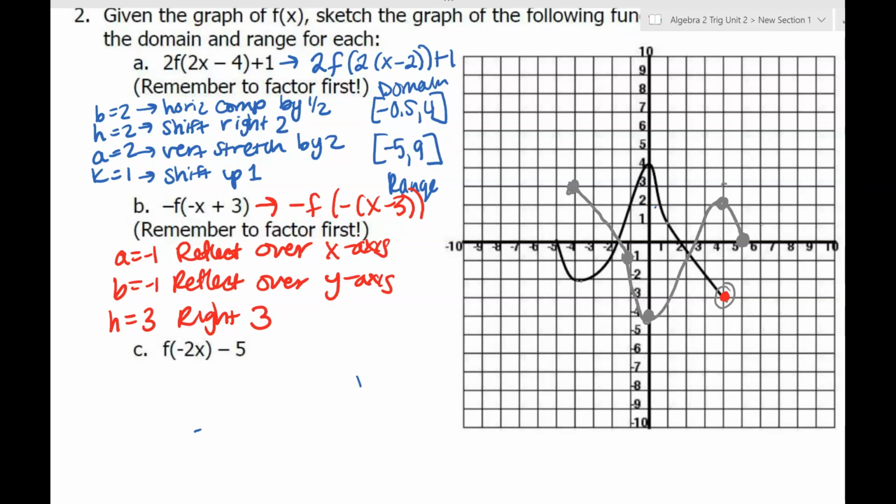So now we're going to go ahead and write down the domain and range of that. Oh, actually, we haven't done our shifting yet. So we're going to go back and do our shifting. Apologize. So we're going to shift everything to the right 3 now.